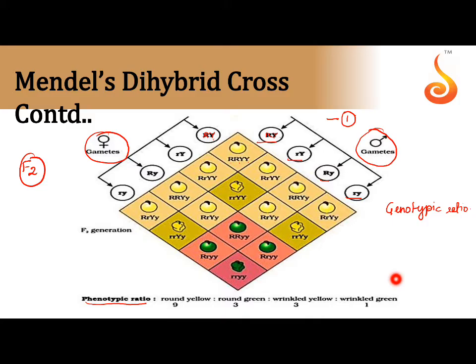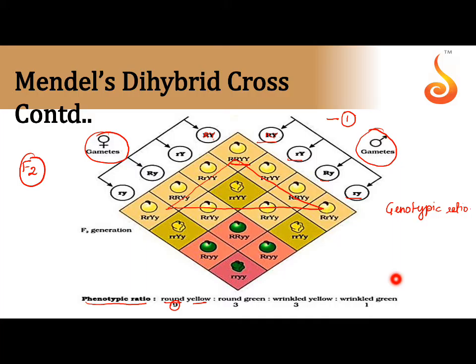When we see morphologically, whatever characters we see, we call it phenotypic ratio or phenotypic condition. Here we are seeing round and yellow condition. If you see this entire brown region, I am just drawing a triangle here, you get 9 of them being present as round and yellow.